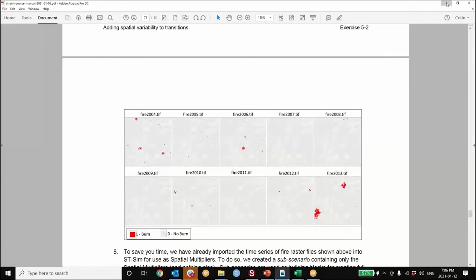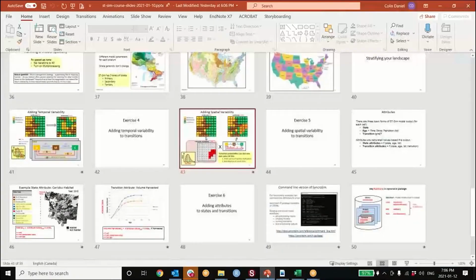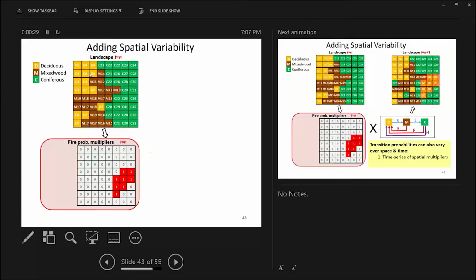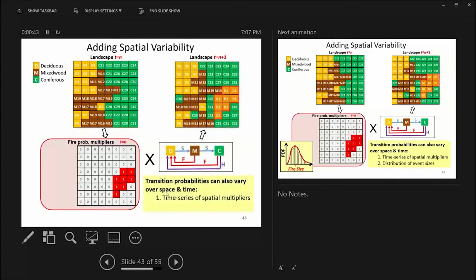And so to do that, we're just going back to the slides here. This is the idea where we want to create a pattern on our landscape that in our case reproduces something we've seen historically. And so if we do that, we're going to create what are called spatial multipliers.